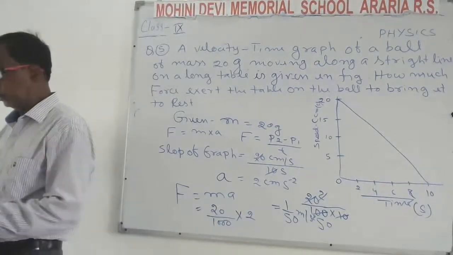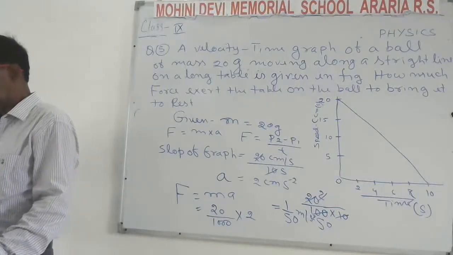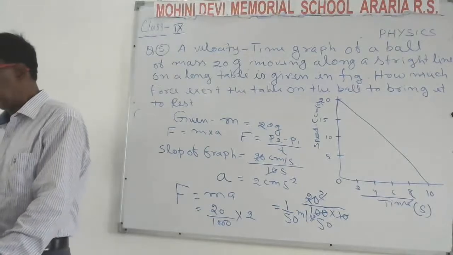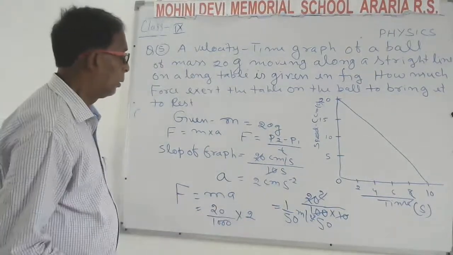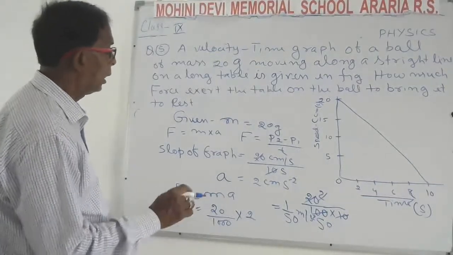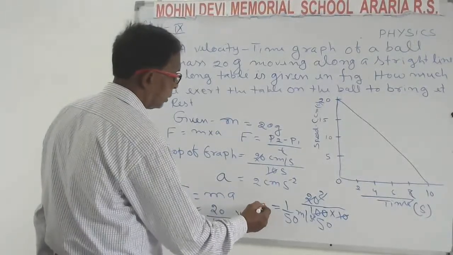You have to take the acceleration as 1 by 50 meter per second square. And it is de-acceleration, so the magnitude is minus a.